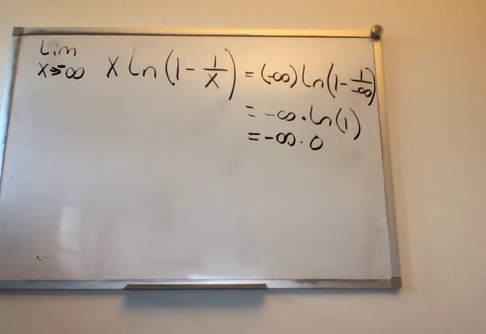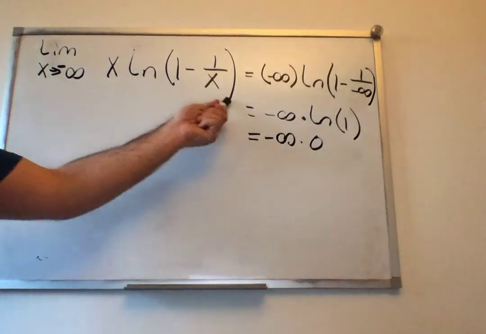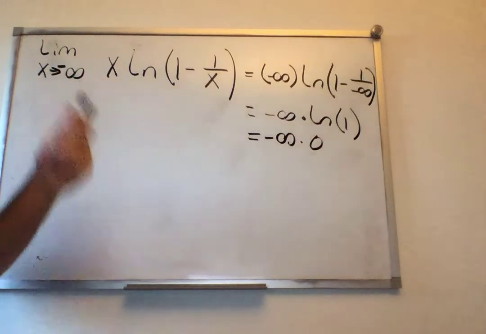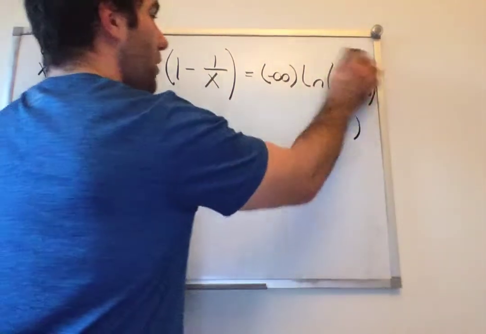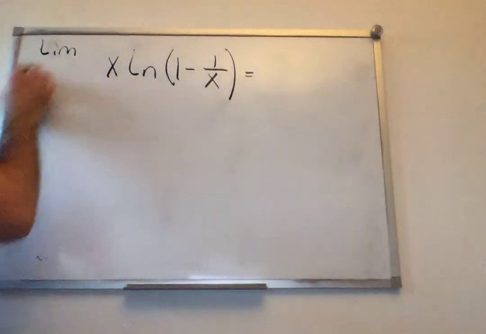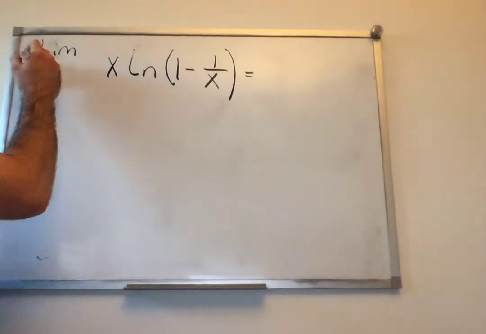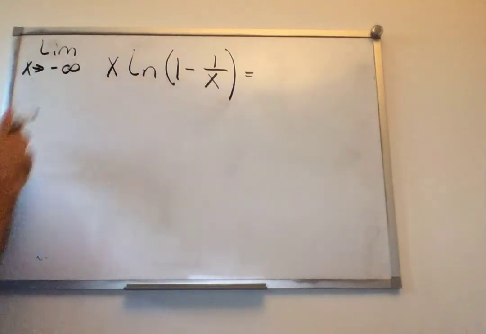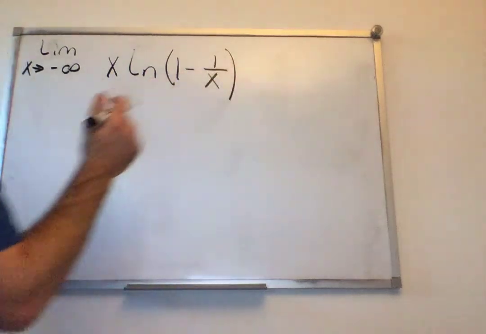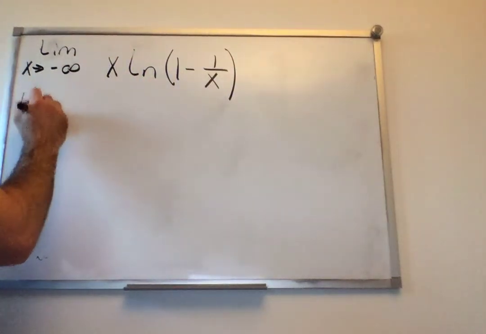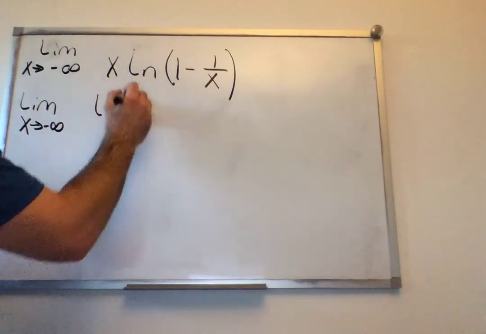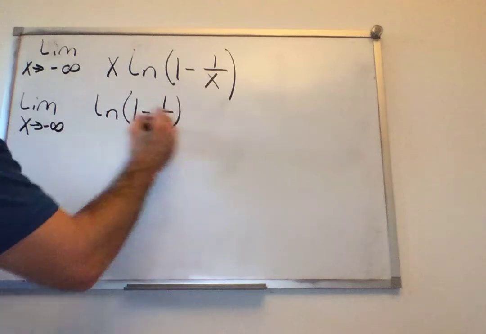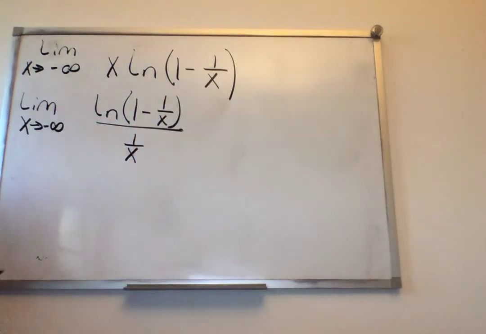So we have a problem here. What we have to do is rewrite this such that when I take this limit, I'm going to get infinity over infinity or 0 over 0. So I'm going to rewrite this as the limit as x goes to negative infinity of ln of 1 minus 1 over x, divided by 1 over x.